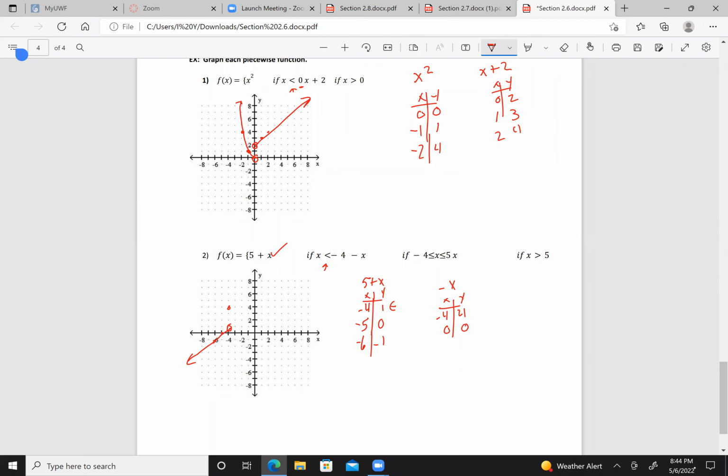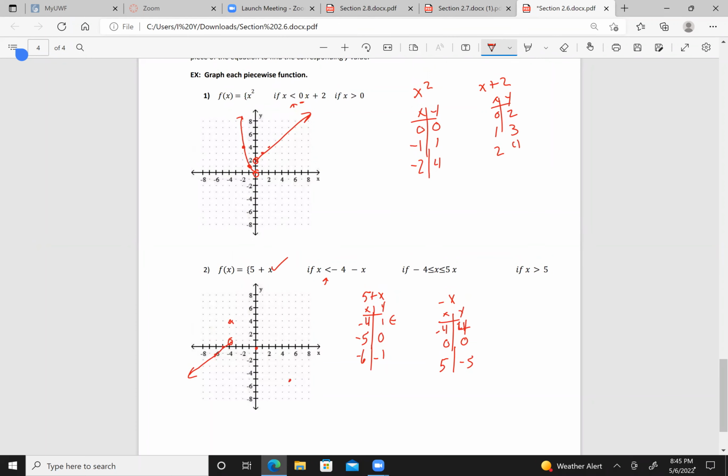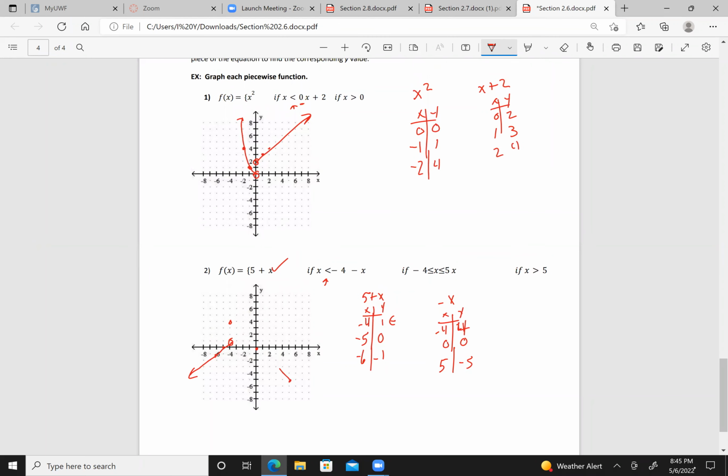And then let's use 5, and that gives me negative 5. So I have 0, 0, and I have 5, negative 5. And I have my line. Again, it stops because that's where that piece of the function stops.